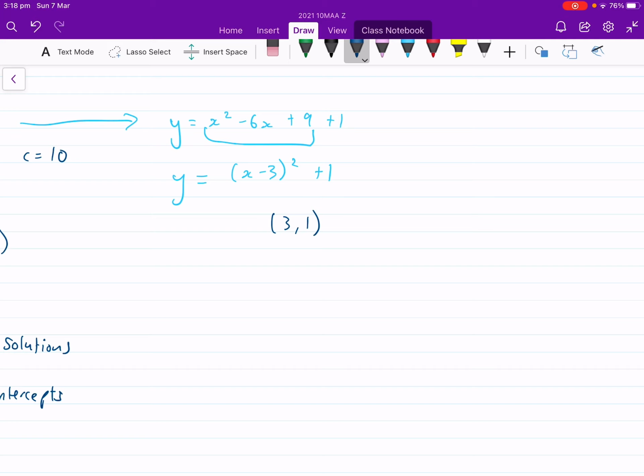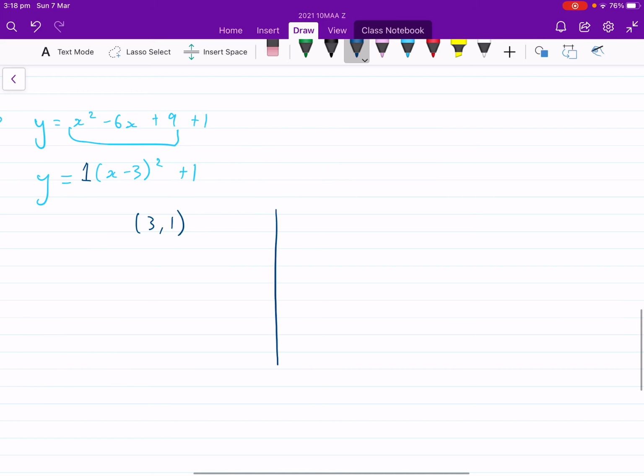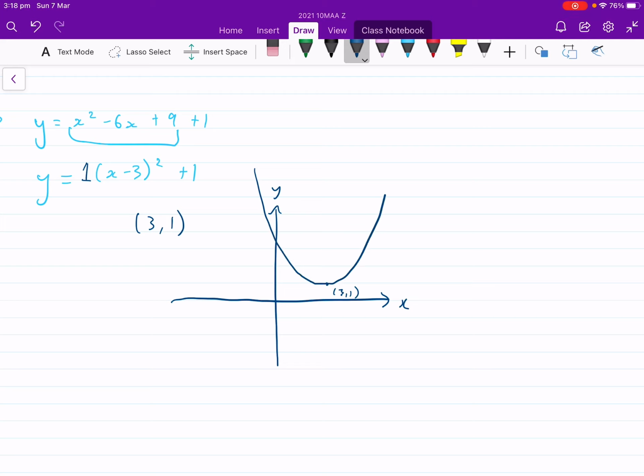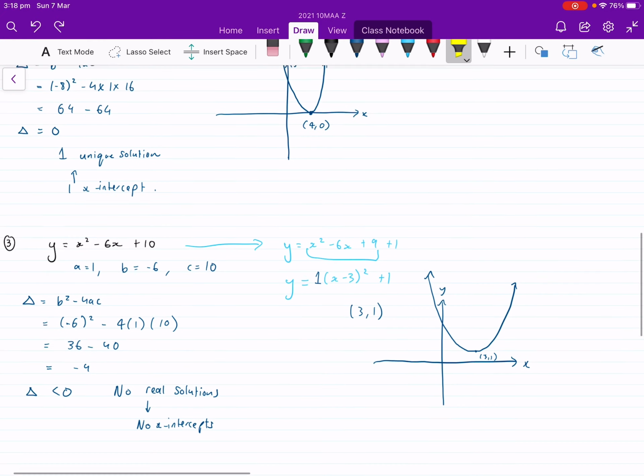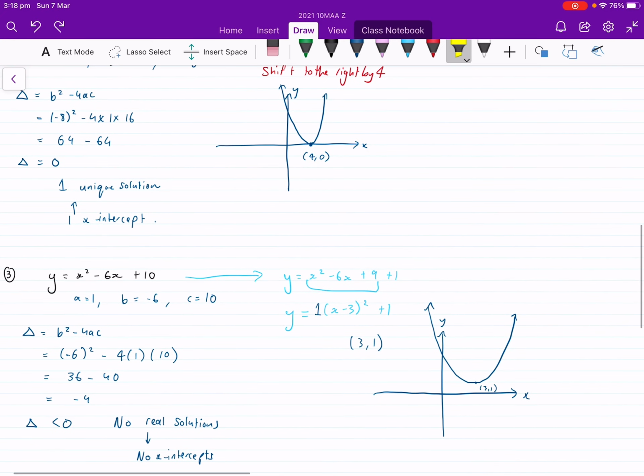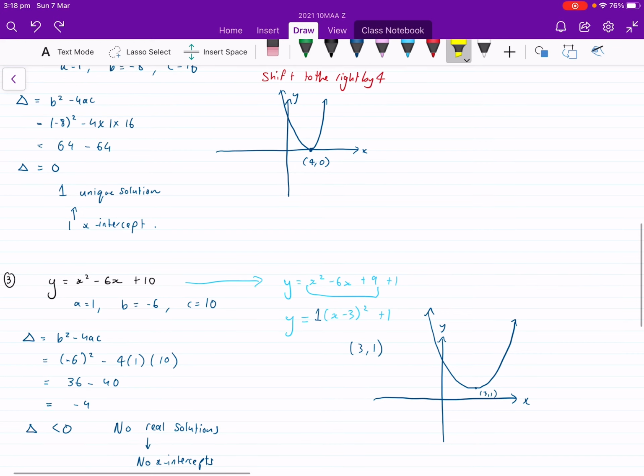And because it's a positive x squared with a 1 out the front, I know that this would be, apologies about my axes, something like this, if this is 3, 1. And you can clearly see that there are no x-intercepts there. So that's how you can use the discriminant to let you know how many x-intercepts you're going to have, how many unique solutions you will have.